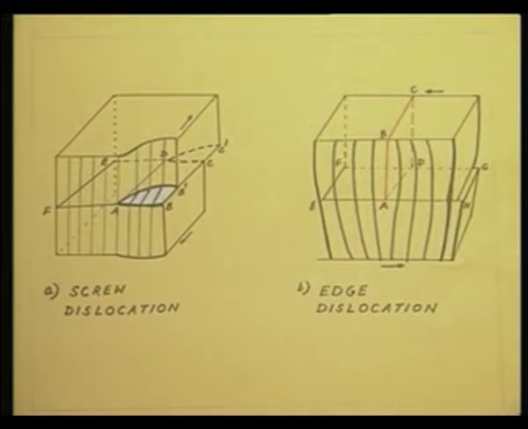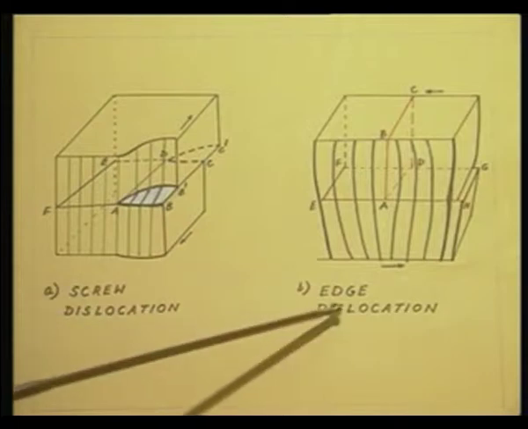So, this is called a screw dislocation. Remember that this shear stress has to be in excess of the elastic limit. Within the elastic limit, the crystal will try to adjust itself. It is only when it exceeds the elastic limit that it gets dislocated.